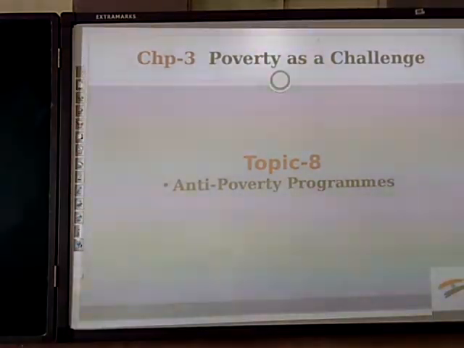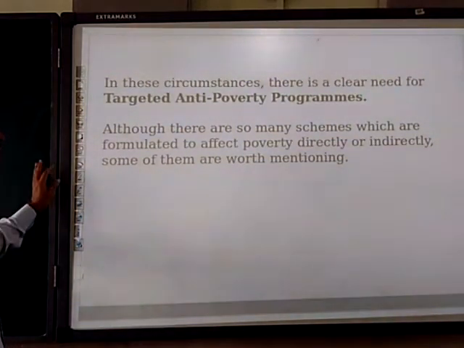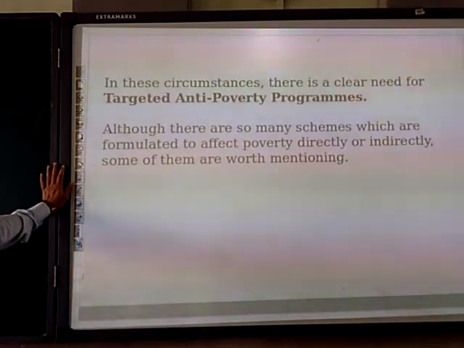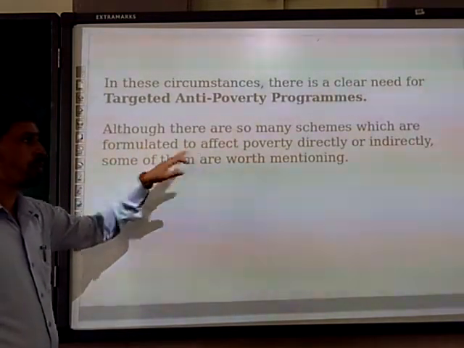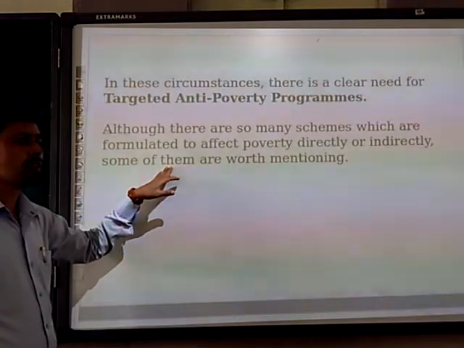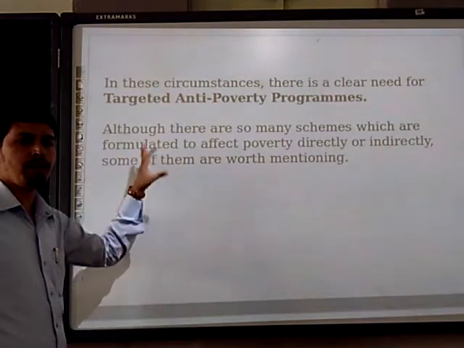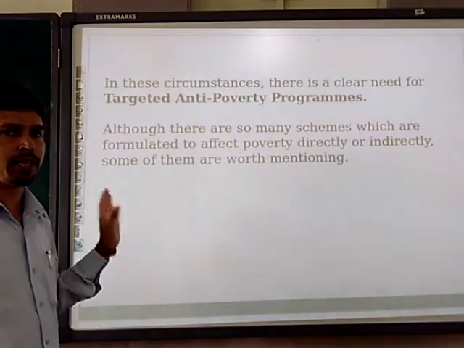In these circumstances, there is a clear need for targeted anti-poverty programs. Although there are so many schemes which are formulated to affect poverty directly or indirectly, some of them are worth mentioning. So a few of them we are going to discuss in this chapter, which are given in your textbook.